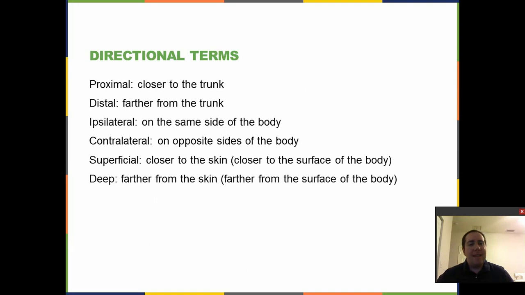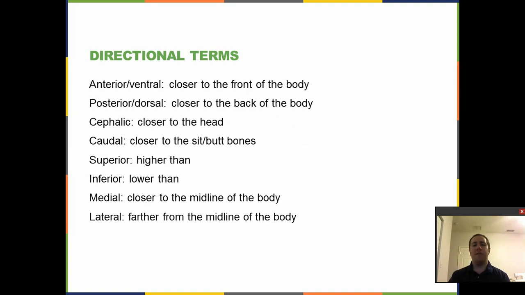The next is proximal and distal. Now, proximal and distal get confused with superior and inferior. For superior and inferior, we can only use those terms when we're talking about things on our trunk. Our trunk is our head down to the base of our spine, our pelvis area.